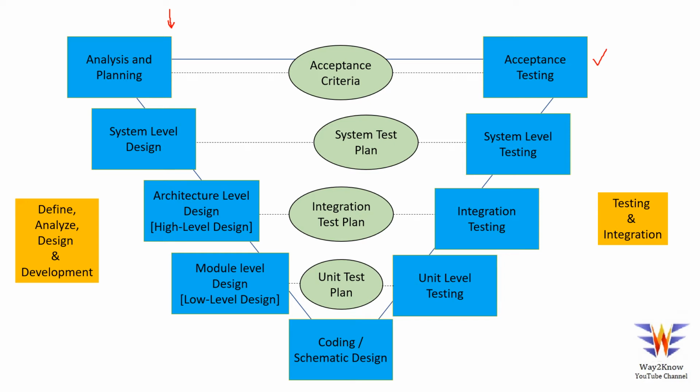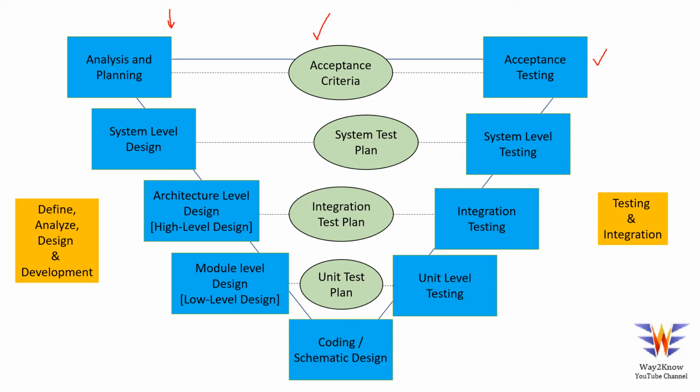For example, as we start with analysis and planning of a project, we also define an acceptance criteria. This acceptance criteria states all the features and specifications that need to be met as part of the system. If a company has to release a product to production, the entire acceptance criteria has to be met.